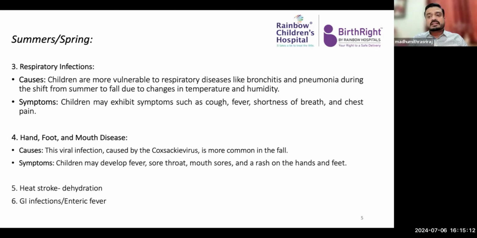All these common viruses, which might not cause so many problems throughout the year, can come with certain problems during summers. We have all heard of this disease called hand, foot, mouth disease. In the last few years, we have seen so many children with hand, foot, mouth. They are common viruses present since a very long time, but they flare up in certain climate and certain time period.